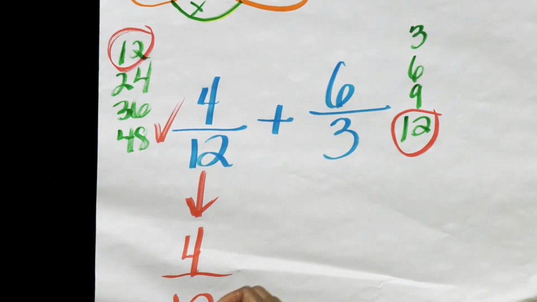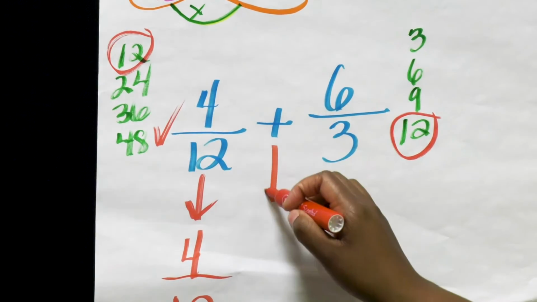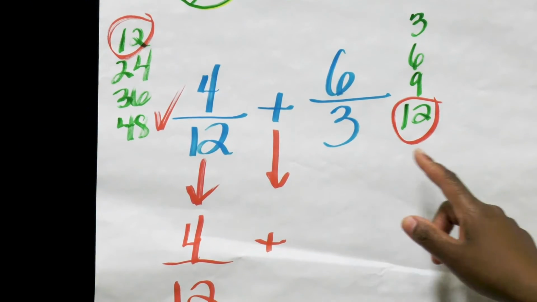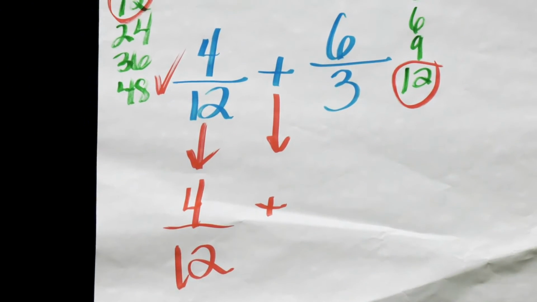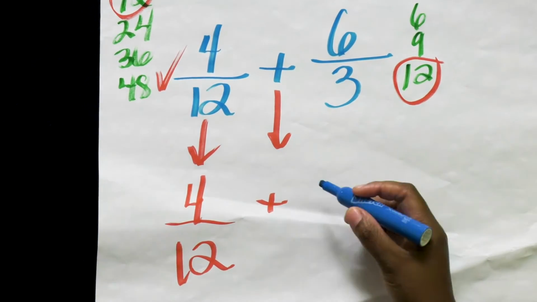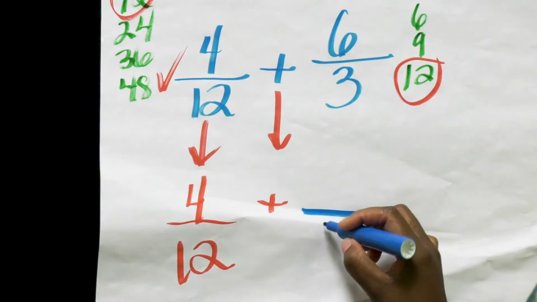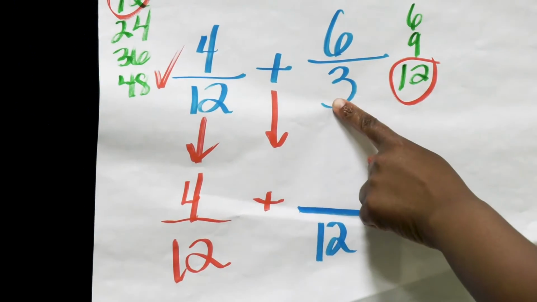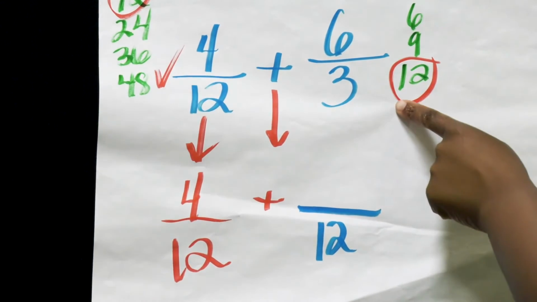That's 4/12. Then I'm going to bring down my plus sign. Here is where I make my change. I want to make my new denominator 12, so I'm going to bring 12 here. Now I'm asking myself, what did I do to 3 to get to 12?